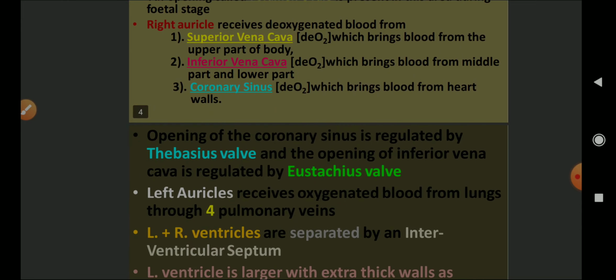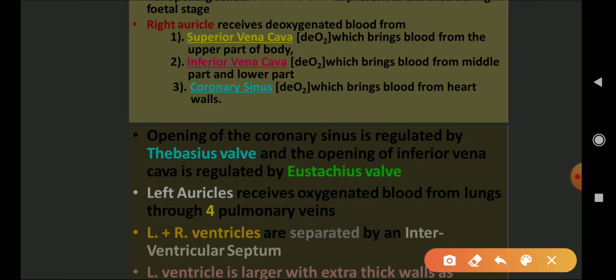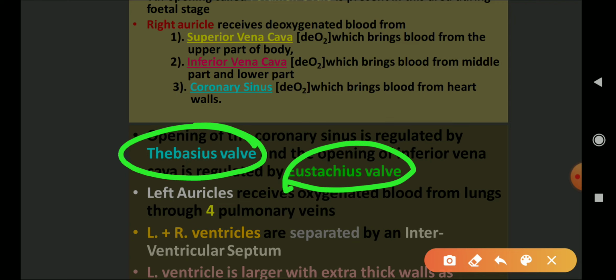Now, the superior vena cava, where it opens inside the right auricle, has a valve known as the Eustachian valve, while the coronary sinus has a valve known as the Thebesian valve.